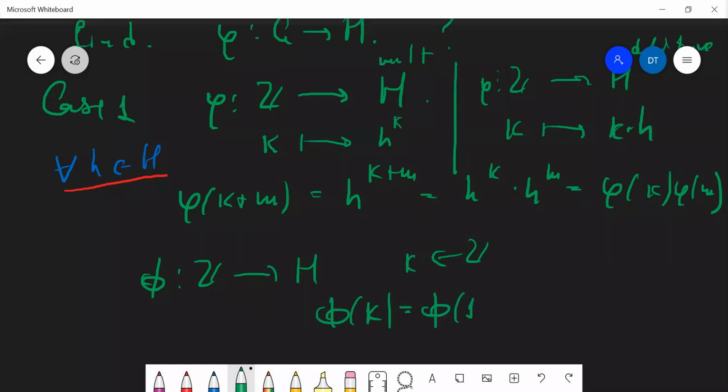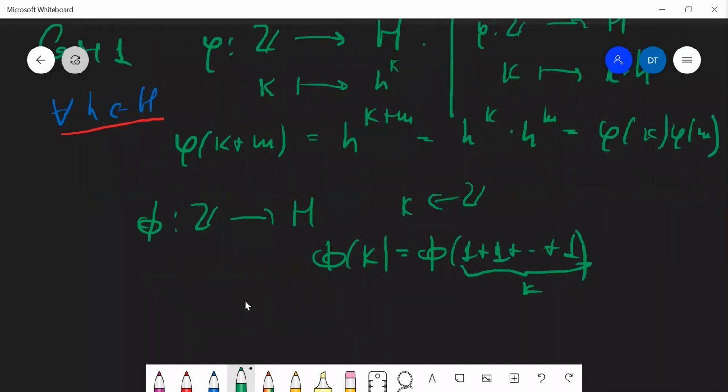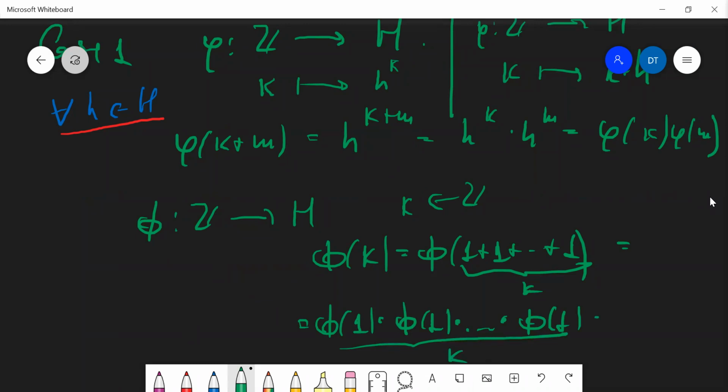It is phi of 1 plus 1 plus 1, etc., k times. Because phi must be a homomorphism, it must take it to phi of 1 times phi of 1 times etc. times phi of 1, also k times. But this is just phi of 1 to the power of k.